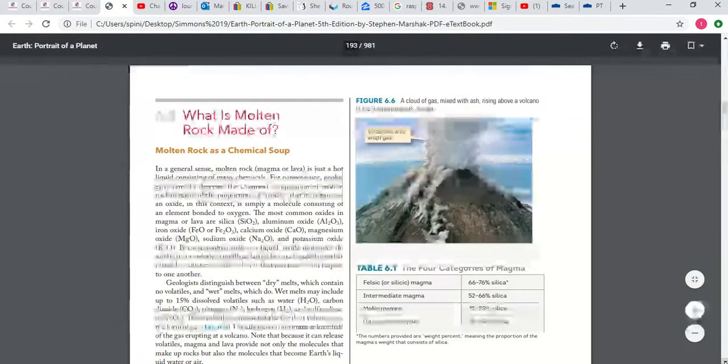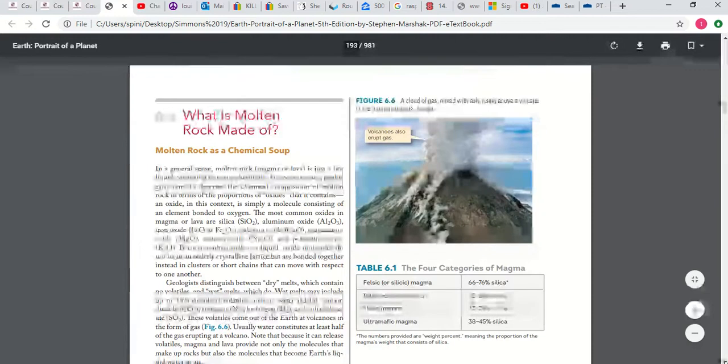Now, how would that be different than, let's say, beef soup? Beef soup would look different. It's darker in color, it would have beef in it, and it might have potatoes or something different in it. So what's happening in the magma under the earth is we have pockets of literally different kinds of rock soup.